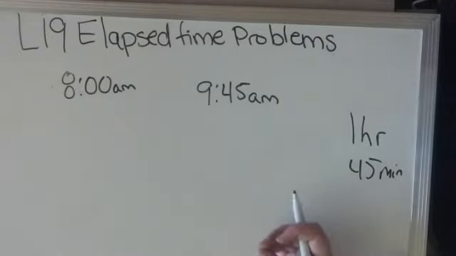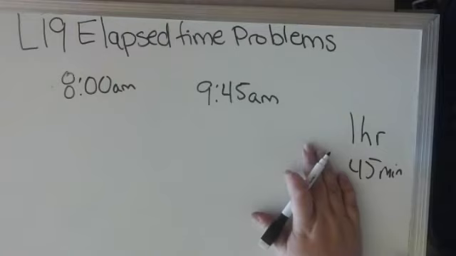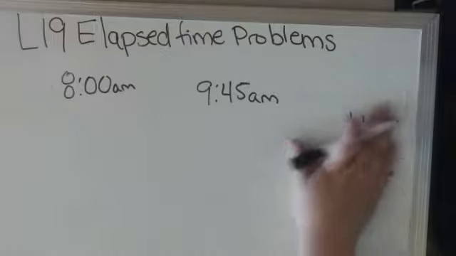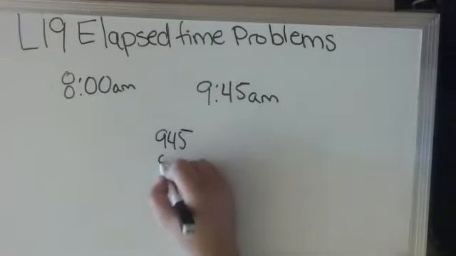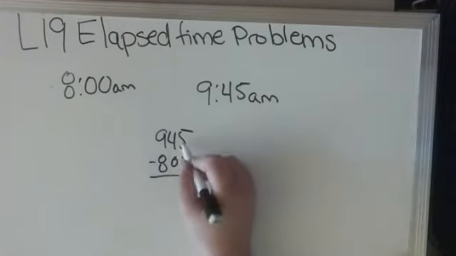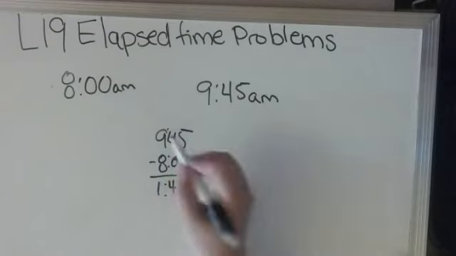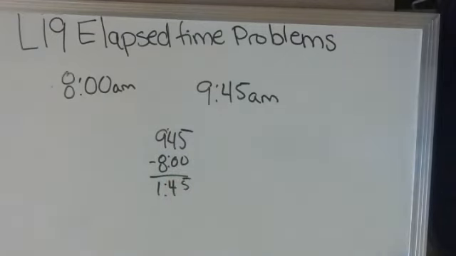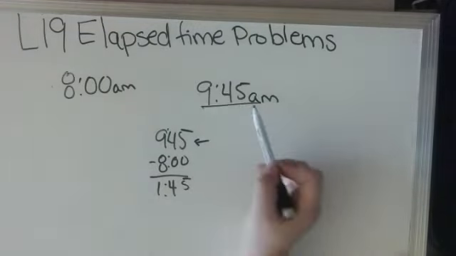The other way to do this is to do subtraction. Like so. This is the second way to do it. Now remember, your top number needs to be your biggest number. That's why I chose the later time.